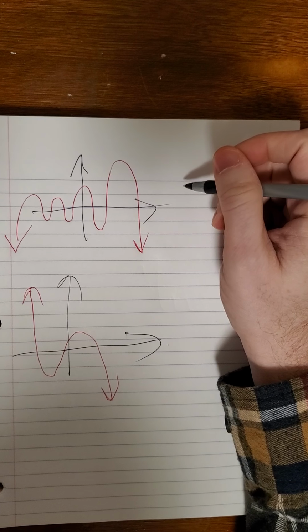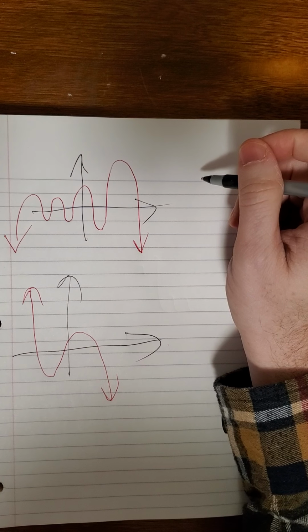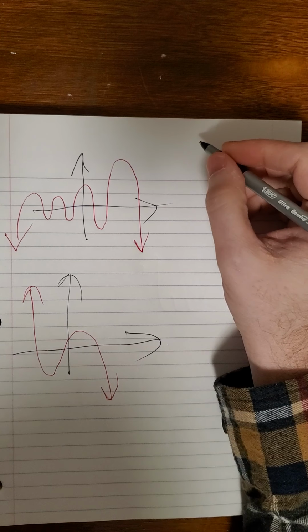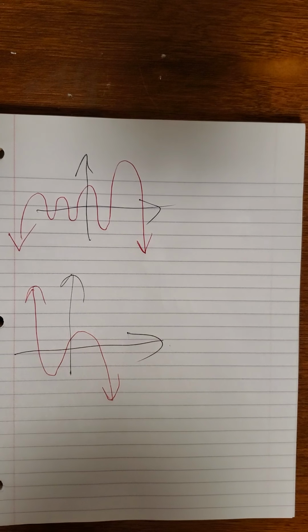See what you can tell me about them as far as parity, minimum degree, sign of the leading coefficient. Go ahead and pause the video, give them a try, and we'll finish them together.